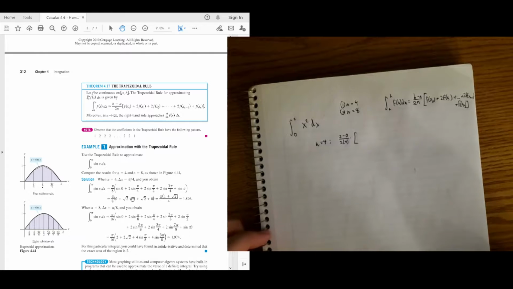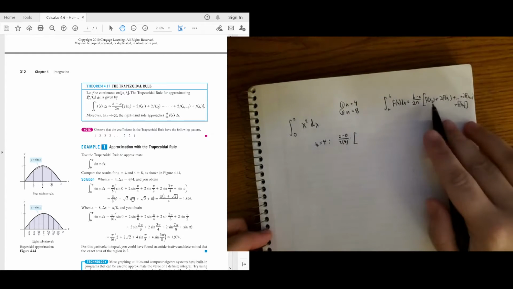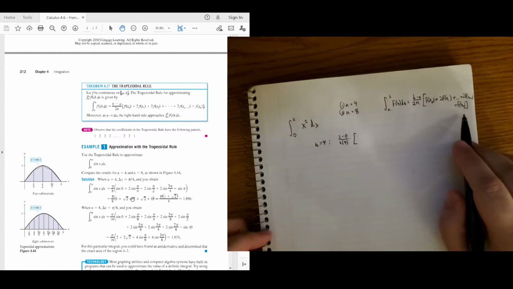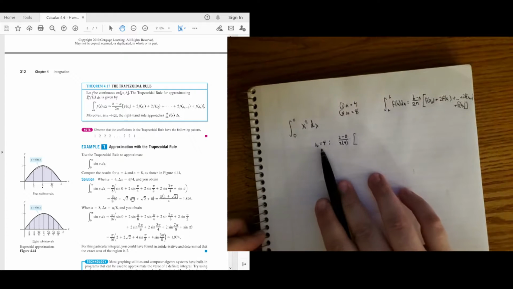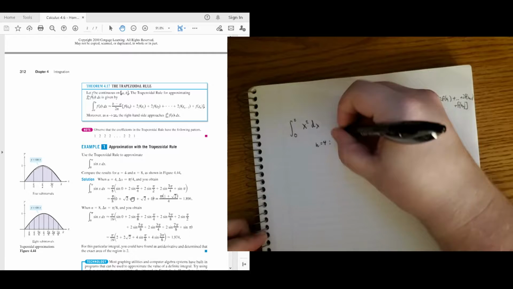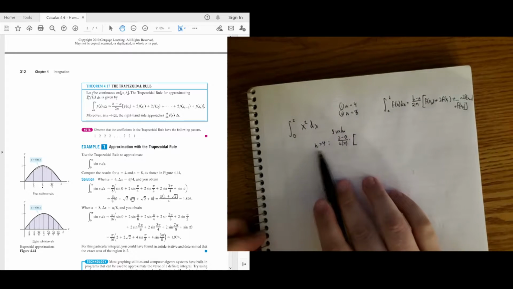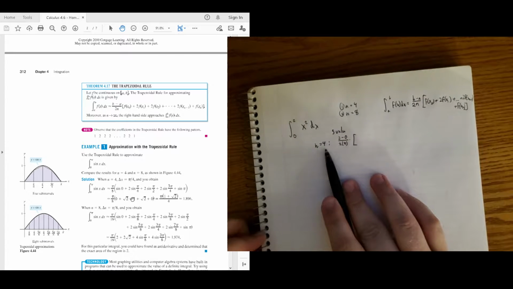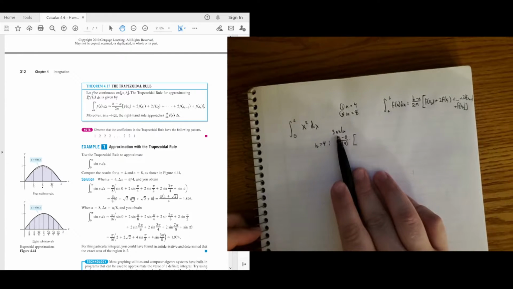And then the next piece is doing f of x sub 0, f of x sub 1, until we get to f of x sub n. Since n is 4, that means there's going to be 4 rectangles, which means we're going to be looking for a total of 5 values. Because remember, these are the values that surround the rectangles, not the actual values themselves. And so there'll be 4 rectangles with 5 values around them.